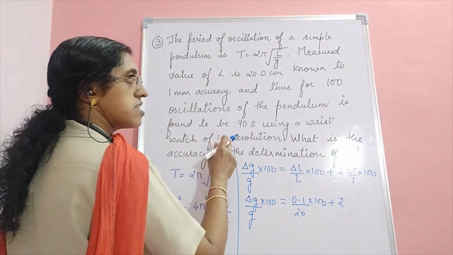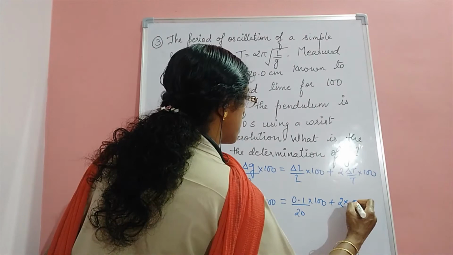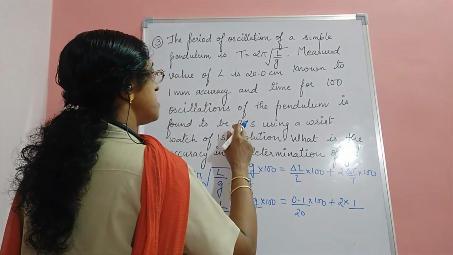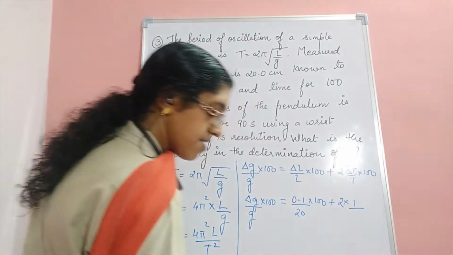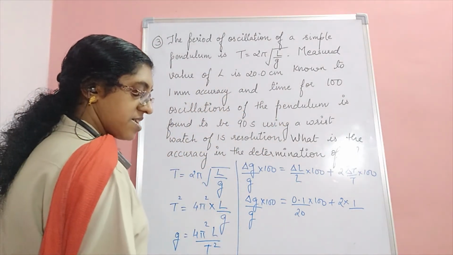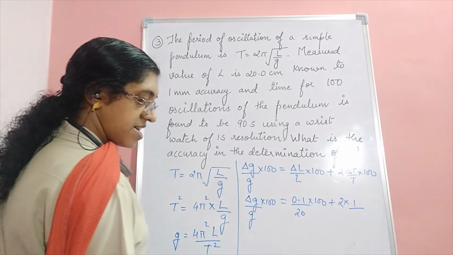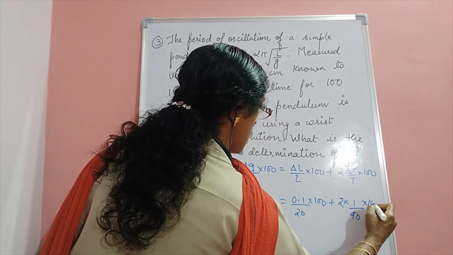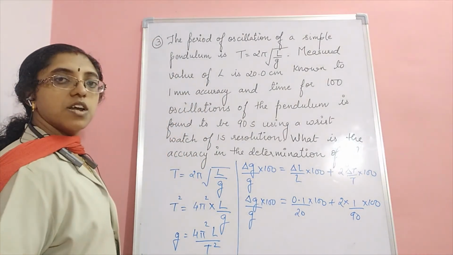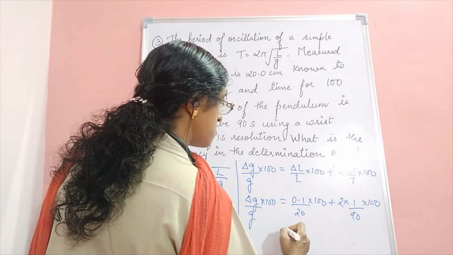Delta T is 1 second of resolution. So it is 1 upon, what is the time period? Time period is 90 seconds. So, I will write it as 90 into 100.